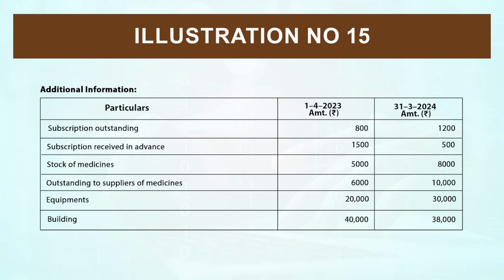We are having opening and closing balances, opening and closing amounts we have. First, subscription outstanding, opening balance is given 800, closing 1200. Subscription received in advance 1500 and 500. Stock of medicine is there, opening closing, outstanding to suppliers of medicine is there, equipments, building.